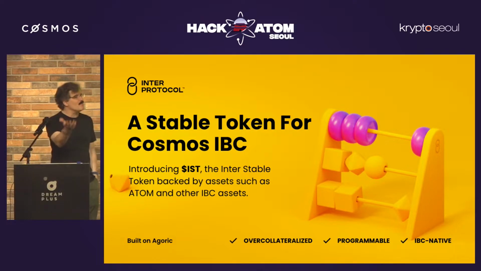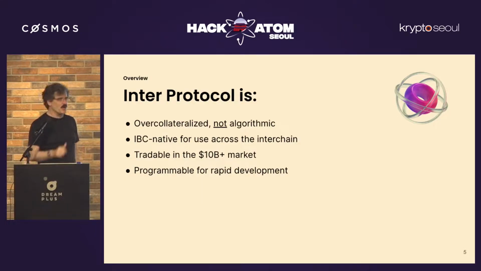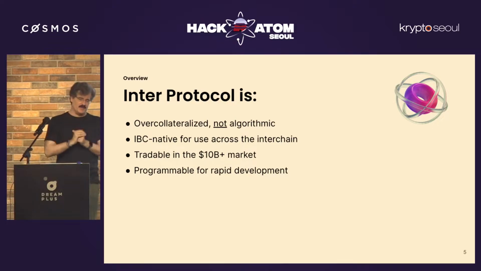This is a stablecoin, dollar peg, parity thing. What is it? It is an over-collateralized stablecoin like MakerDAO, not an algorithmic stable token like ones that are no longer available to you in the Cosmos ecosystem.